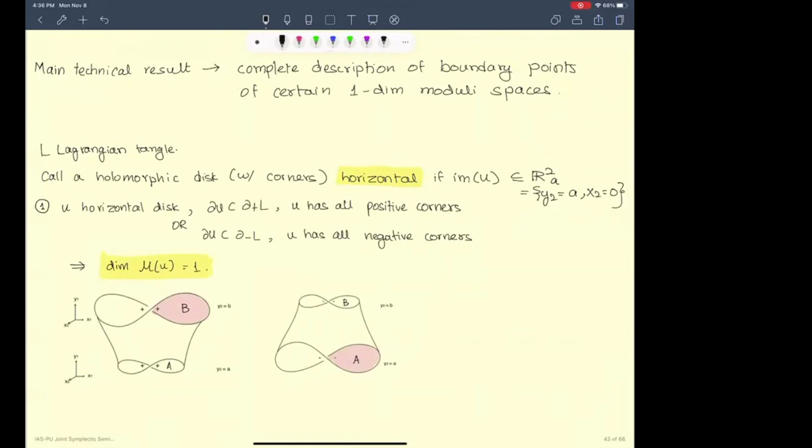Okay, so the first lemma: if we have a horizontal disk with boundary on the positive boundary of a Lagrangian tangle, and it has all positive corners, so those big disks, or if it's on a negative boundary and has all negative corners, then the expected dimension of the moduli space is 1.